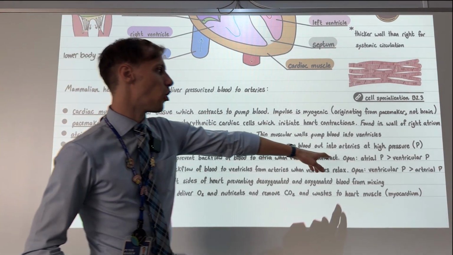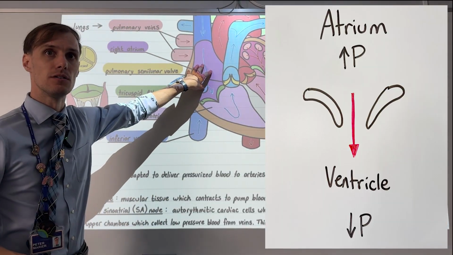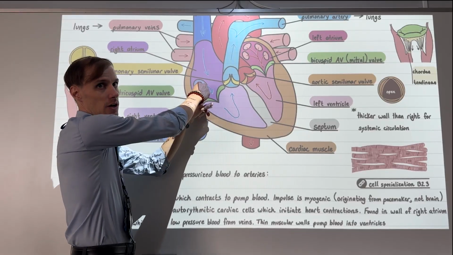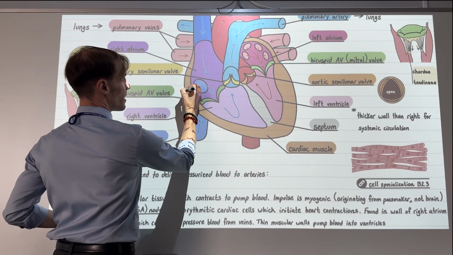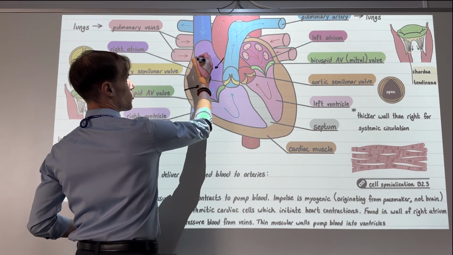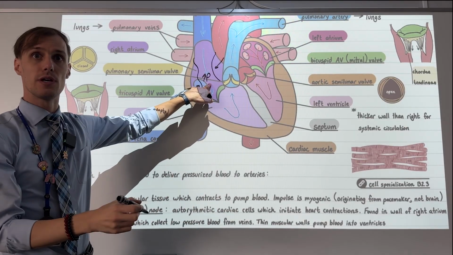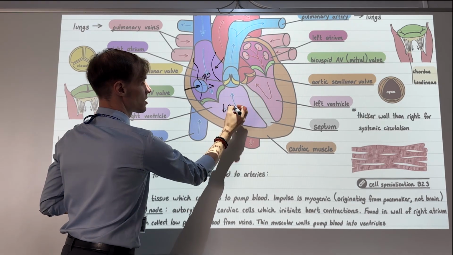They're going to be open if the atrial pressure is higher than the ventricular pressure. So how can I make this pressure higher than this pressure? Decrease in volume, hence it's contracting. When this contracts, the pressure has increased, causing this pressure to be greater than this pressure.